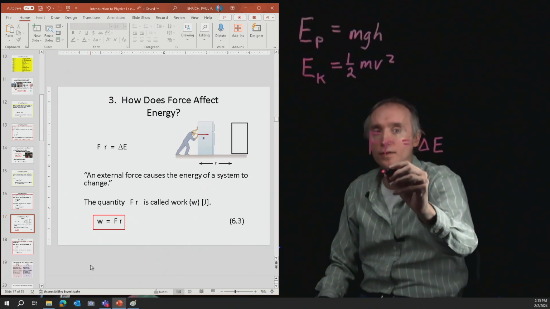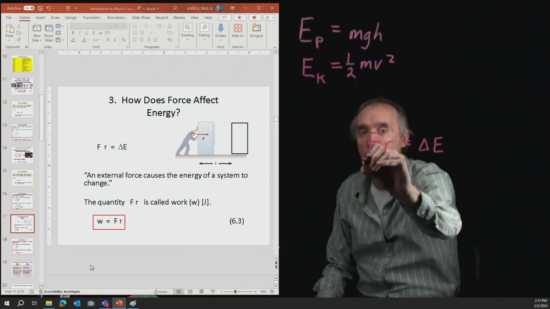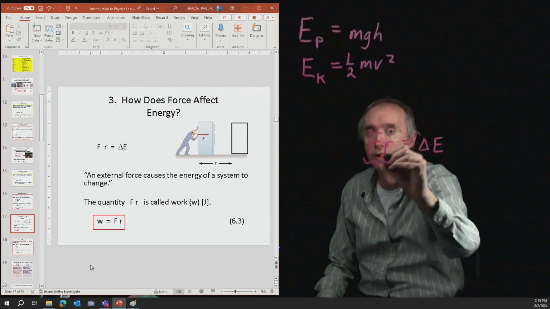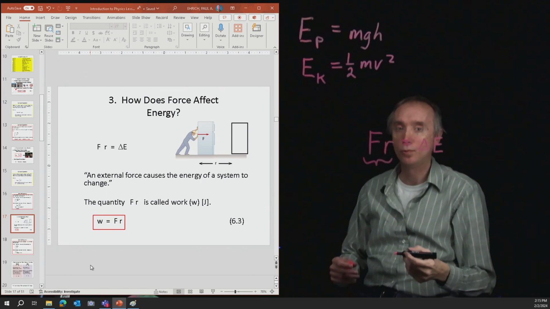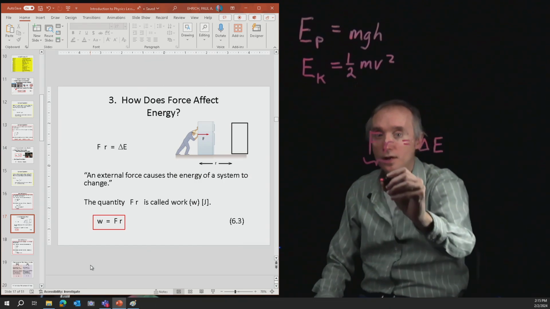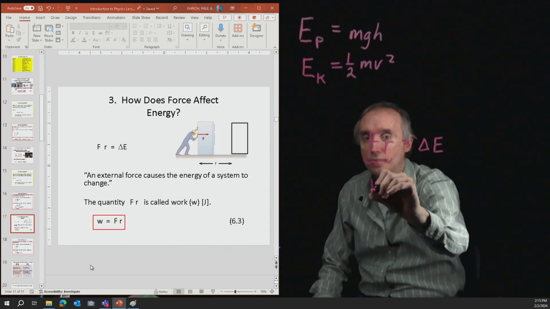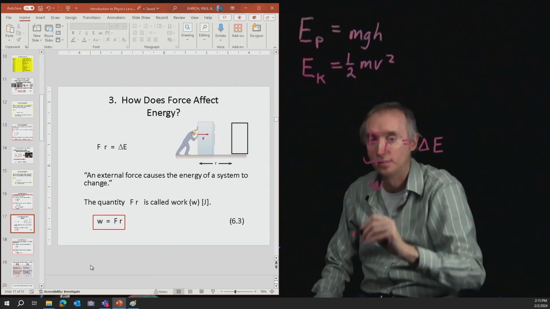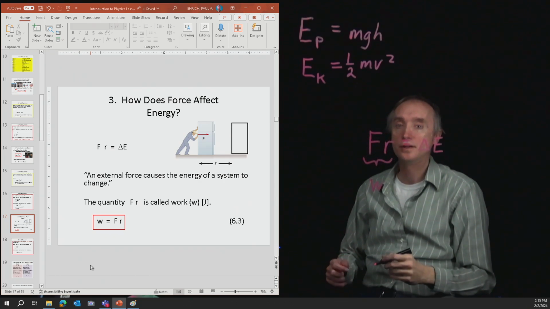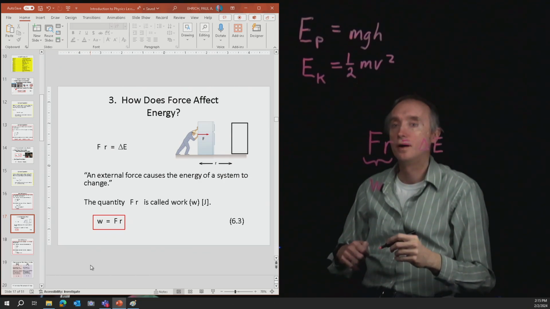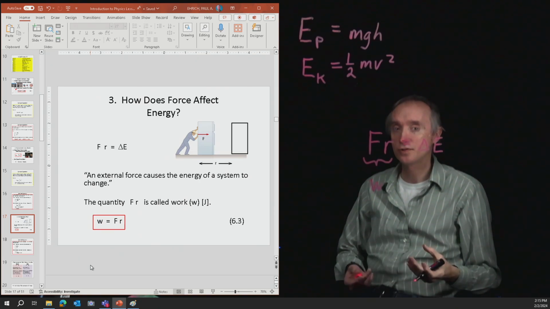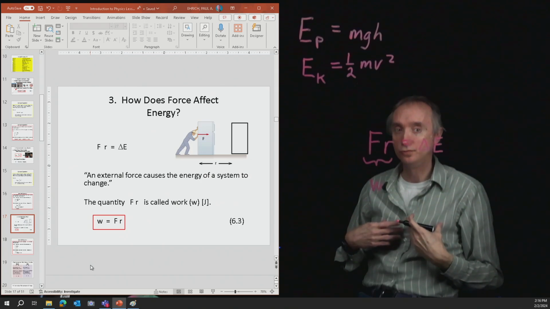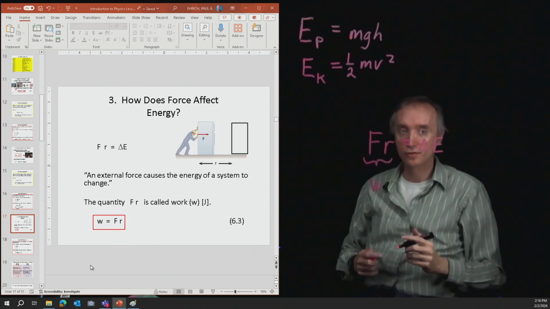Now, this thing that's right here, so when you multiply force times distance, that is what work is. So work is given by a lowercase w, and it is the energy that is being transferred from you to the refrigerator.